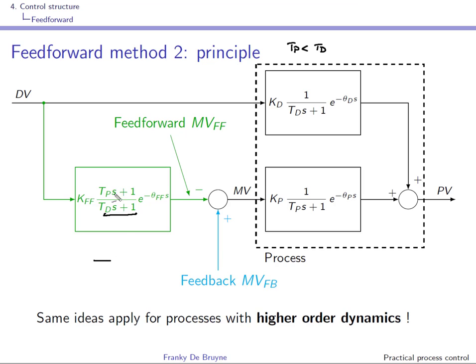So again, we can have a look at the step response of this part of the feed forward, and the response will now look like this, right? And as this one is smaller than this one, at the origin we'll have this direct feed through term causing something that is now smaller than 1, and the response of this part will look like this.